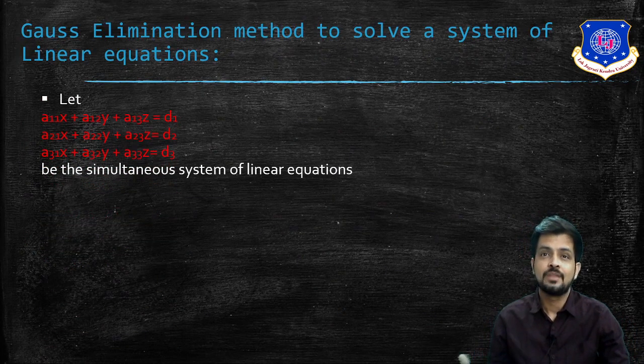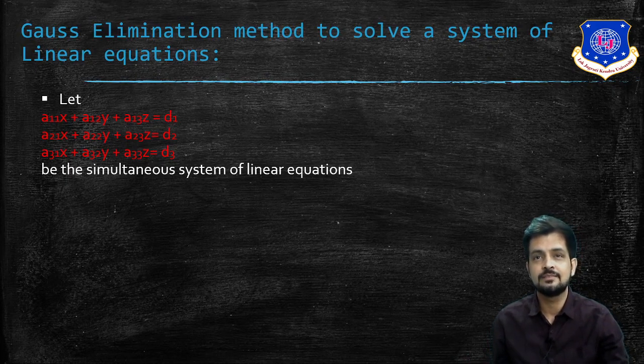A system of linear equations is given. Here we are considering a system of linear equations consisting of three different variables, which are x, y and z. The equations are given like this: a11x plus a12y plus a13z is equal to d1. This is equation number 1.